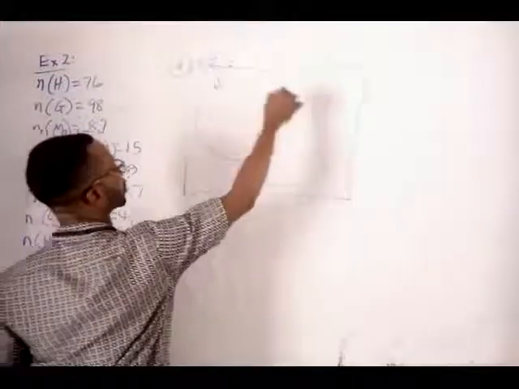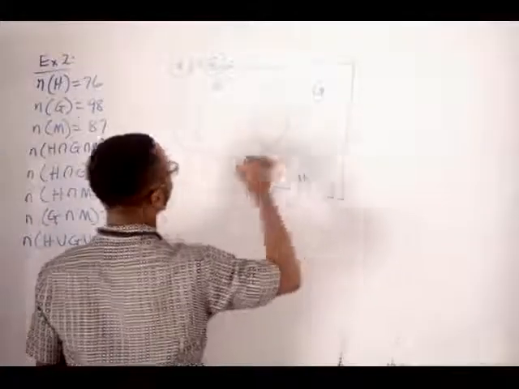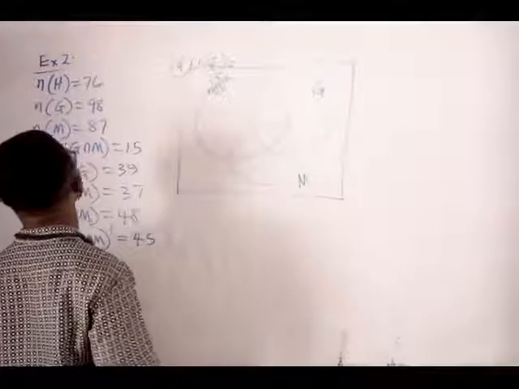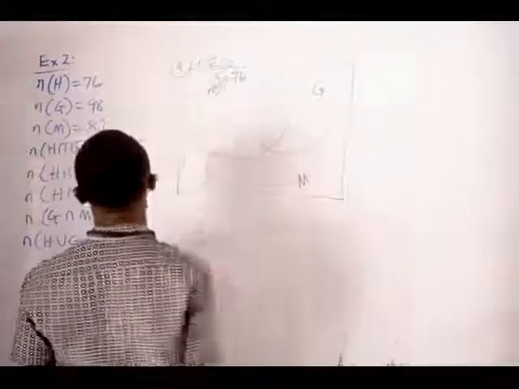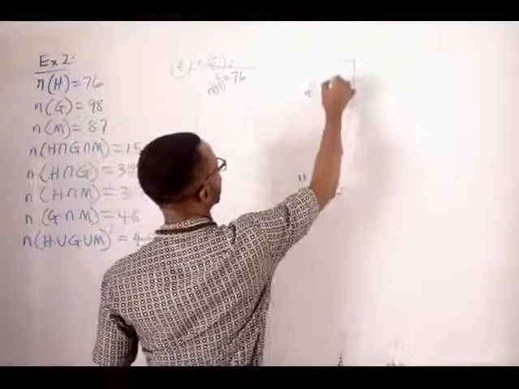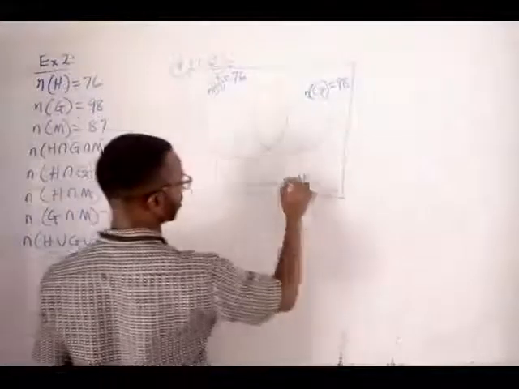So this is my H, this is my G, and this is my M. So the number that did H is 76. Number for G, geography, is 98. And the number that did mathematics is this.